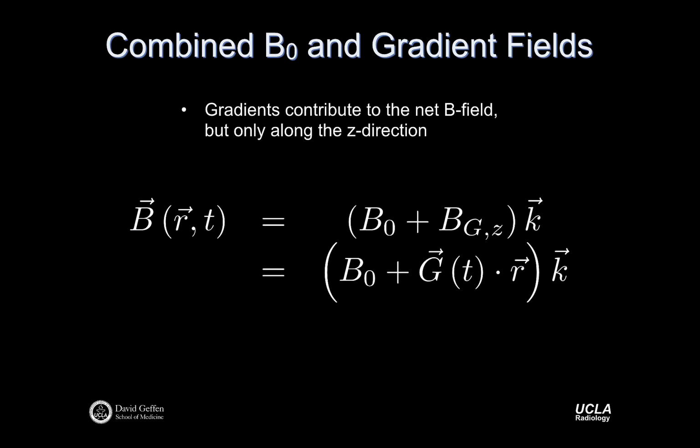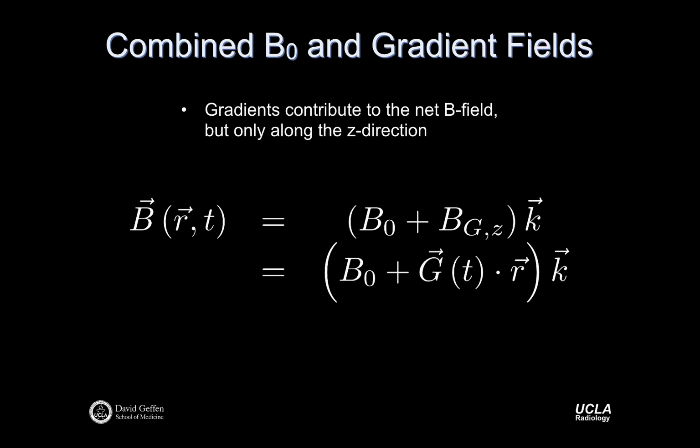So the gradients contribute to the total B field, but again, only along the Z direction. So we have B0 along Z, and then this dot product along Z as well, in the k direction. And the gradients can be functions of time, right? We turn our gradients on, we turn our gradients off. But the B0 field is a constant field, so we don't usually show it as time varying anyway.